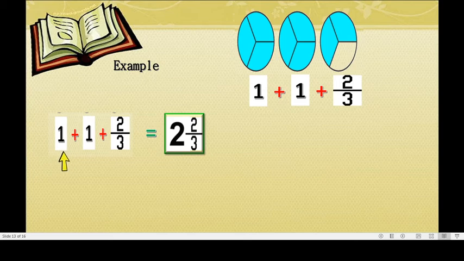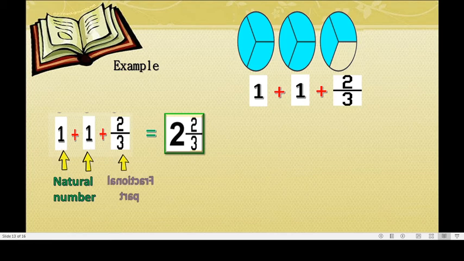1 whole plus 1 whole, or equal to 2 whole numbers, is called a natural number or whole number. And 2/3 is a fractional part.